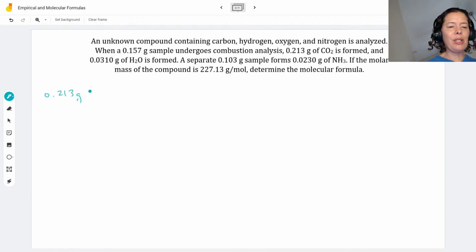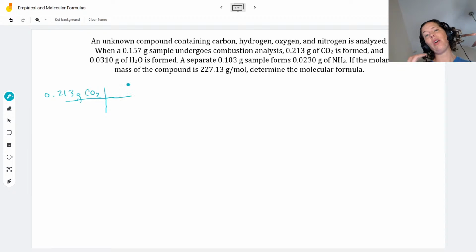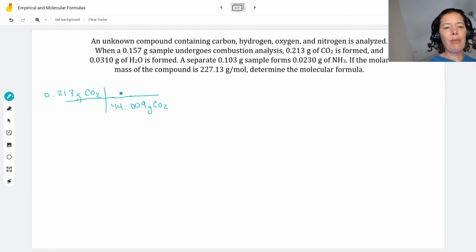All right, so starting with our CO2 for our 0.157 gram sample, we have 0.213 grams of carbon dioxide. And just like before, we really want to get to our grams of carbon. So I am going to put my molar mass of carbon dioxide in the denominator and my molar mass of carbon in the numerator. And that gives me 0.0581 grams of carbon.